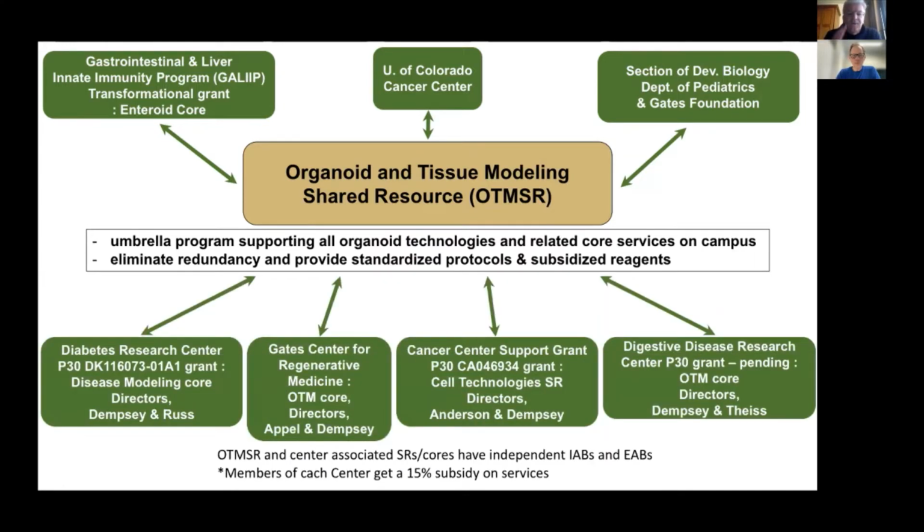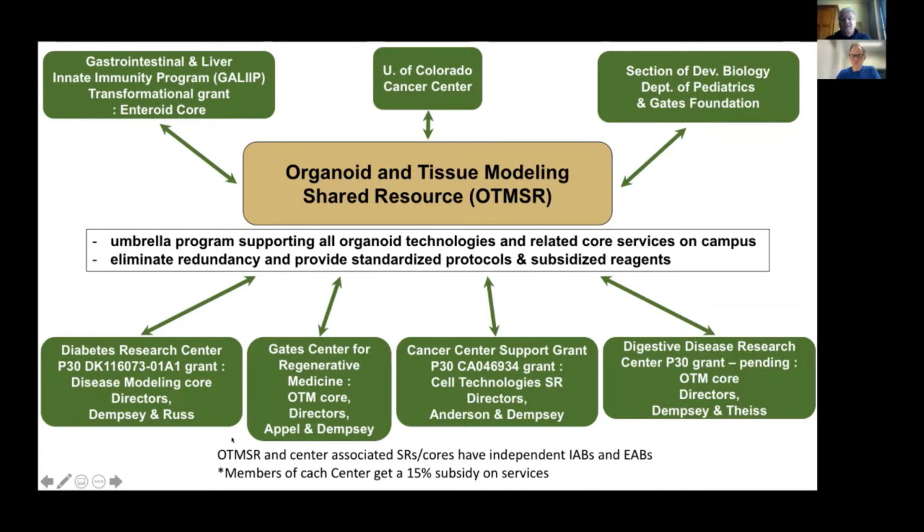What that looks like now is that we have the Diabetes P30 grant supporting us. The Gates Center is supporting us. The Cancer Center through Steve is supporting us through the cell technology shared resource. And then we have the pending digestive disease P30. In terms of infrastructure, it's a little bit different.